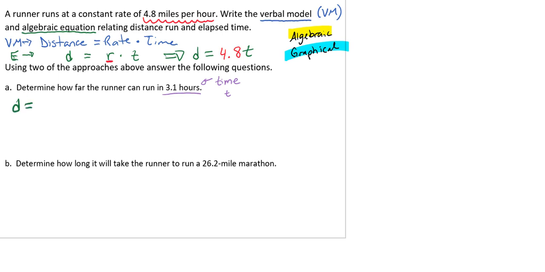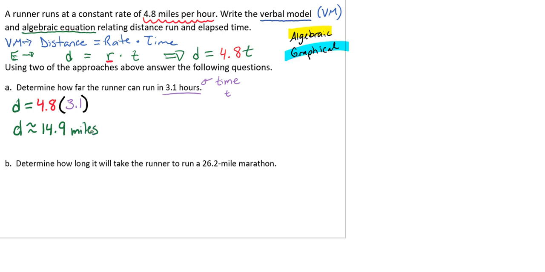Distance equals our 4.8 times our time, which is 3.1 hours. When we plug that into our calculator, we're going to get a distance of approximately 14.9 miles.